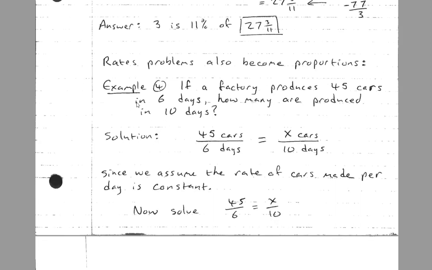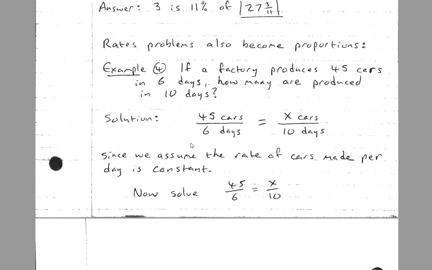Example 4. If a factory produces 45 cars in 6 days, how many are produced in 10 days? Okay, so we're comparing cars produced by the number of days they're produced in.